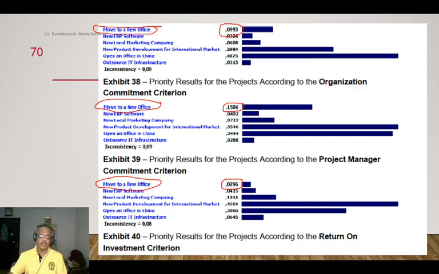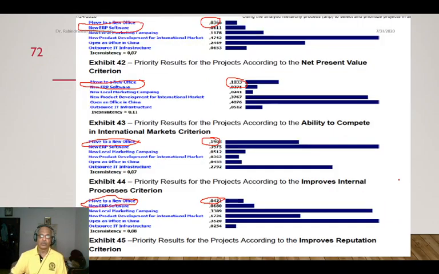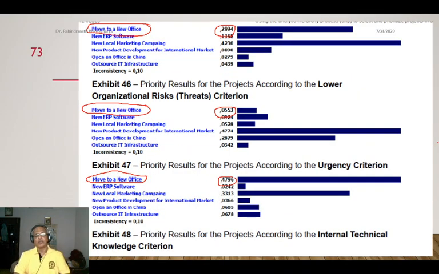For organization commitment, this one. For project manager, this one. And for return on investment criteria, this one. So like this. And for profit, this one. For net present value, for ability to compete, improves internal process criteria, and then improves reputation criteria, etc. And similarly for all 12 items, you can get these results.